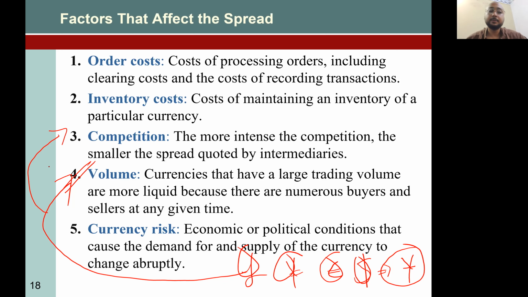Competition is high. When competition is high, inventory cost is low. Why? Because you don't have to wait to store the dollars, yen, euro and pound, because they're already being sold and bought. So you don't have to pay too much inventory cost. Similarly, the order cost is reduced. The cost of processing the orders is also reduced, right? So the world is slowly accepting the fifth currency, which is yuan. Some countries have accepted it, but not all, right?